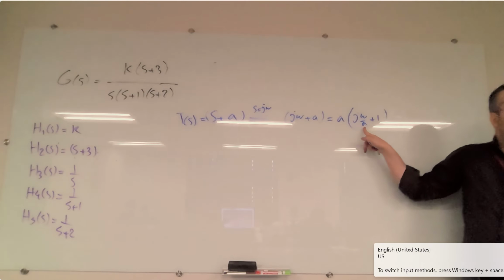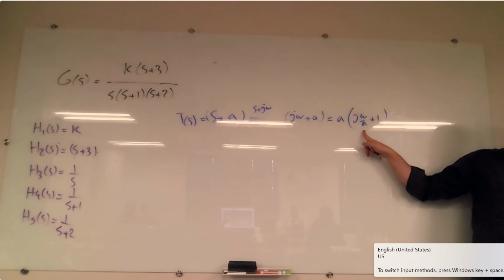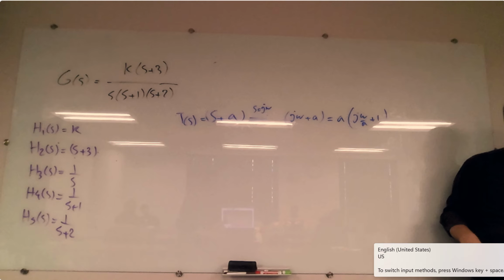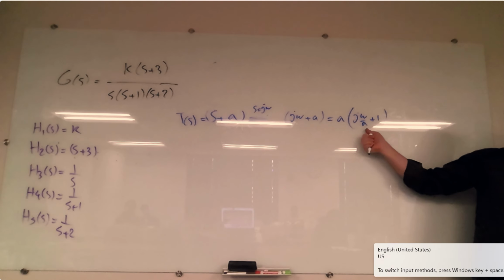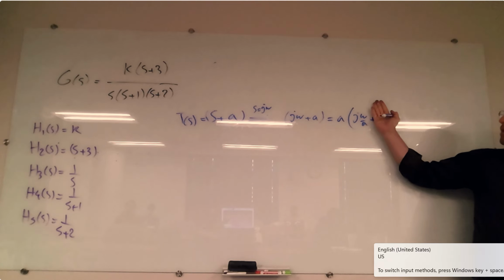If a is relatively a small number compared to omega, what's going to happen? The imaginary part would be significantly higher than this one. Make sense? So basically, it doesn't really affect it.